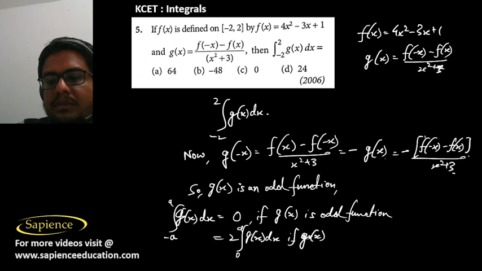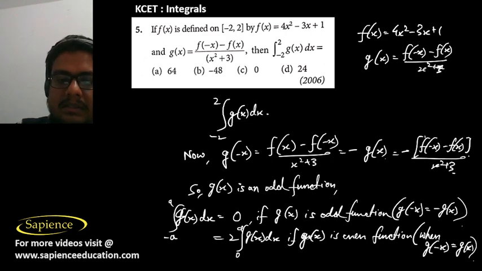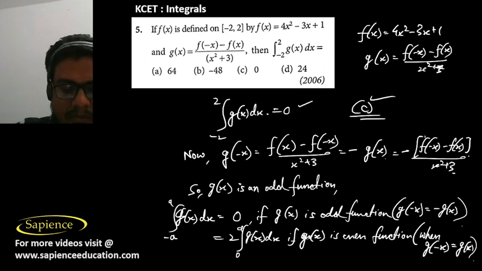Even function means that g of minus x is also equal to g of x. But if g of minus x is equal to minus of g of x, then it is called an odd function, and then this integral will become 0. So this is equal to 0. So option C is the correct answer.